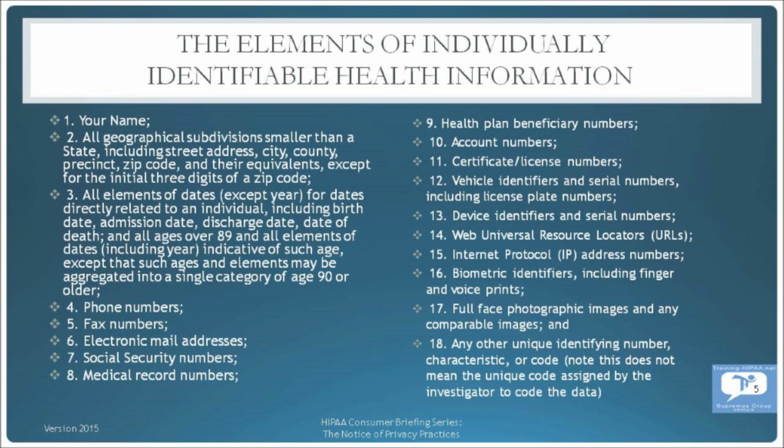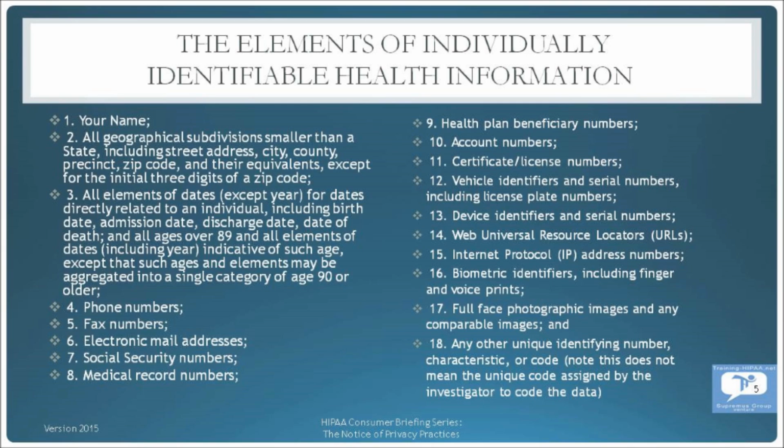The elements of individually identifiable health information include some or all of the 18 identifiers you see on this page. They're everything from the demographic piece, which describes who you are, where you live, what your phone number might be, what your fax number might be, emails.